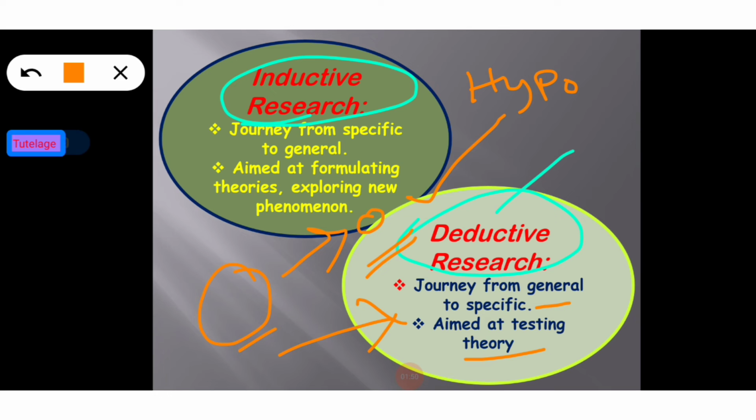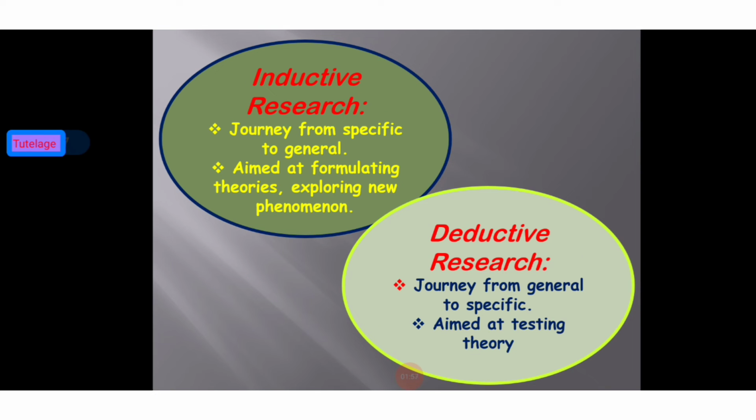Clear? So deductive research, the first stage, that is theory. Okay. Now going to the second stage in the deductive research, that is hypothesis.